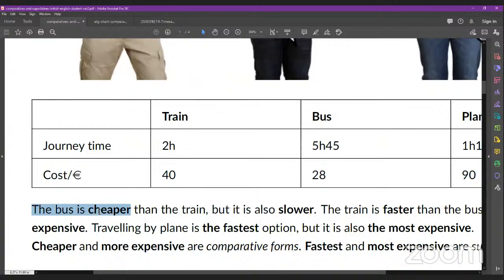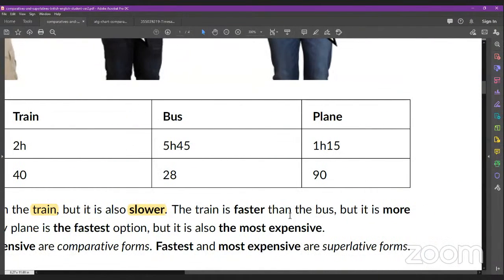The bus is cheaper than the train, but is also slower. This is an example. It's comparing the bus and the train. You see, it's comparing bus and train. The bus is cheaper than the train, but is also slower.